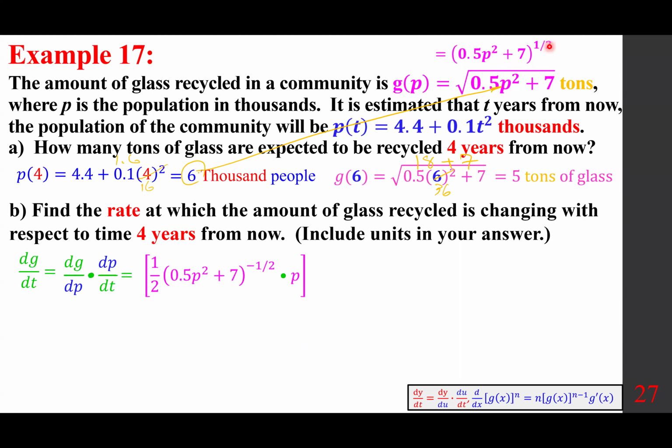I want to differentiate this. 1/2 times the same thing to the power of 1/2 minus 1 times the derivative of the inside, which is 0.5 times 2P, which makes it P.